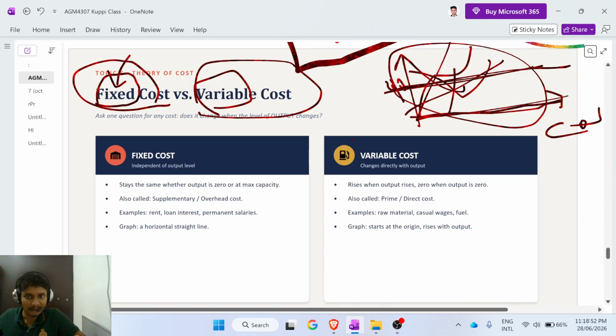Now, the fixed cost is independent of output level. What is the meaning of independent of output level? For an example, please assume that I am the owner of a hotel. I have to pay money for something, for example, the rent of the hotel.